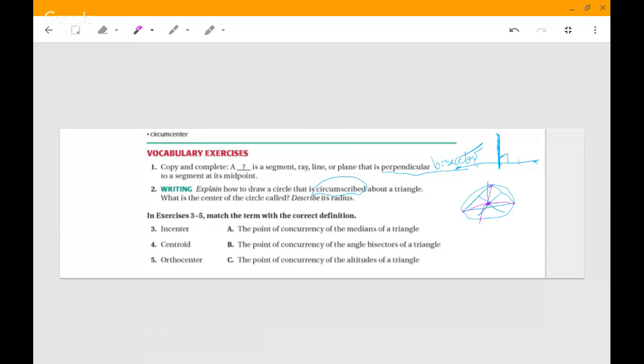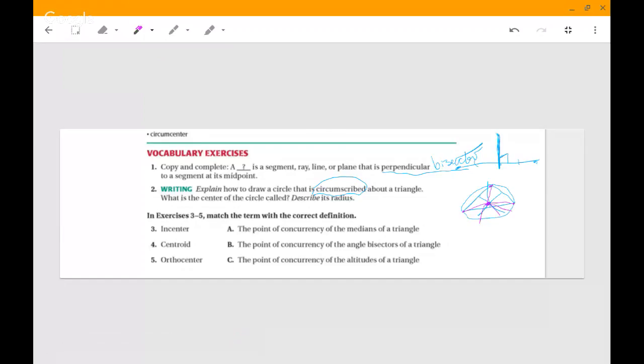There's more radii that you can draw in that circle, but as it relates to the triangle, it's going to go from the center to where it touches the circle, which is at the vertex of the triangle. That's why we have the theorem about the concurrency of perpendicular bisectors. It says that those pink lines I just drew are all the same length. The reason they're all the same length is because they're the radius of that circle. Okay. That makes sense? Yes.